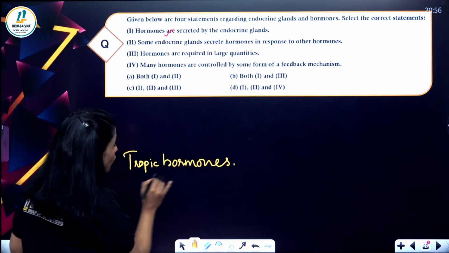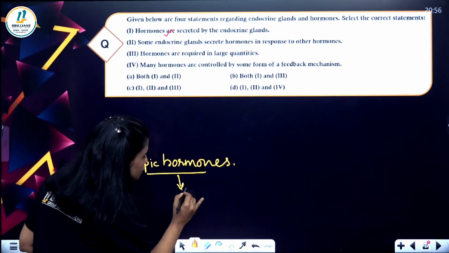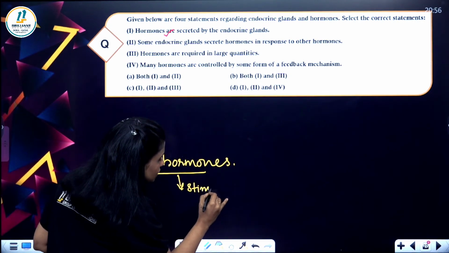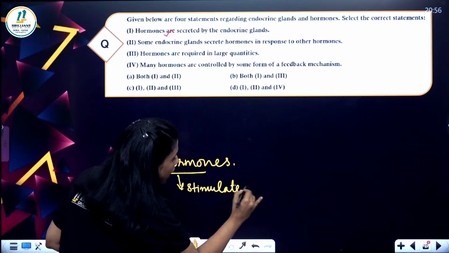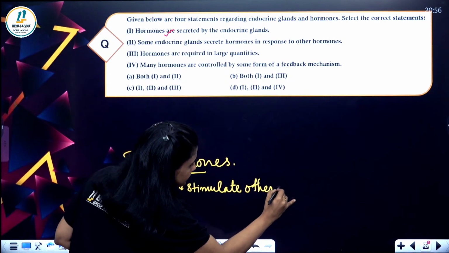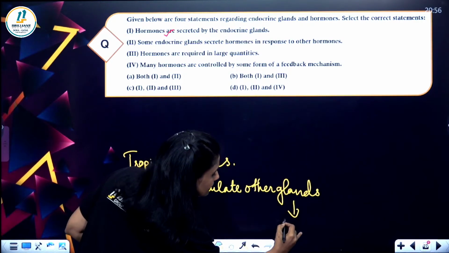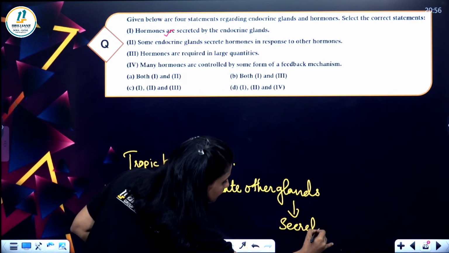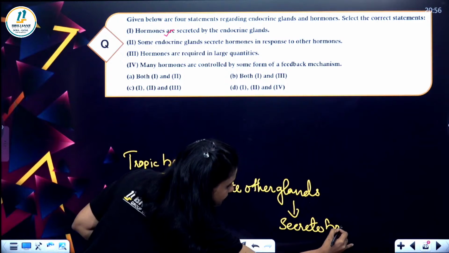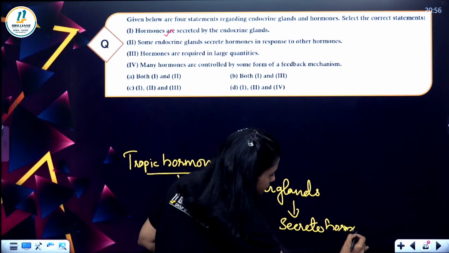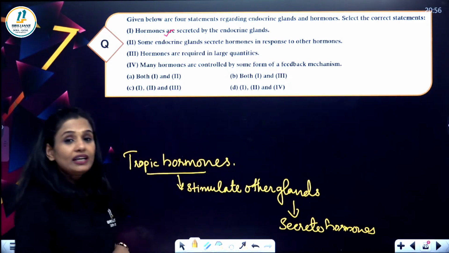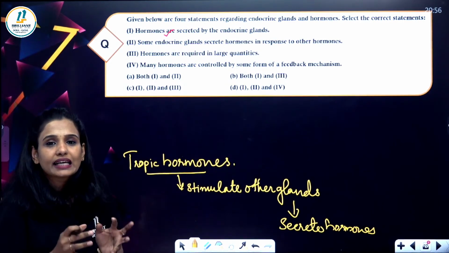There are tropic hormones which stimulate other glands to secrete hormones.